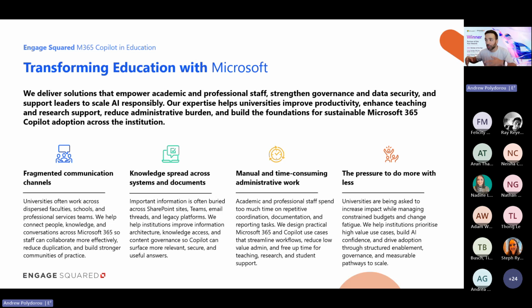But what we've been able to do is use Copilot to solve a lot of these challenges using practical M365 Copilot solutions. So that's through connecting people and knowledge and conversations across the entire M365 ecosystem with just one tool, improving information architecture. Again, Ray will talk a little bit more about content governance and making sure Copilot is returning better answers.